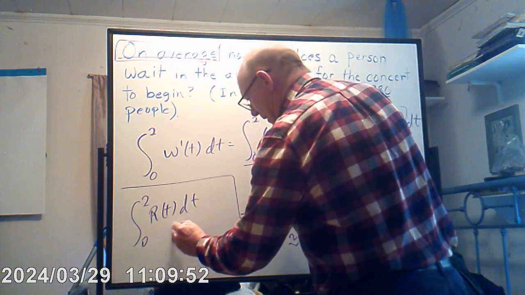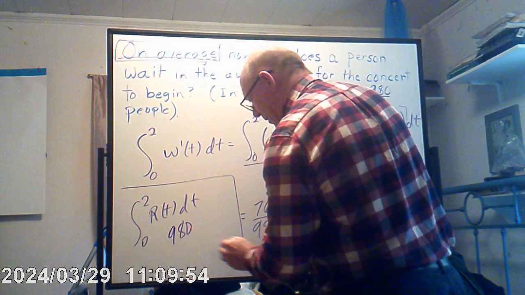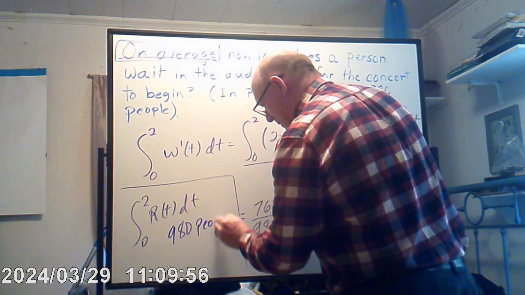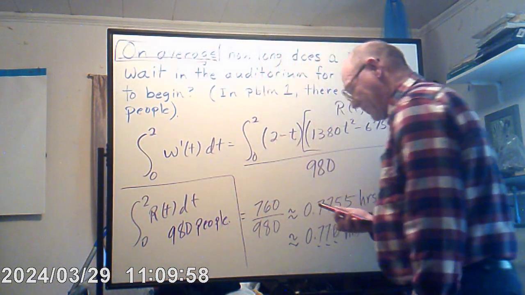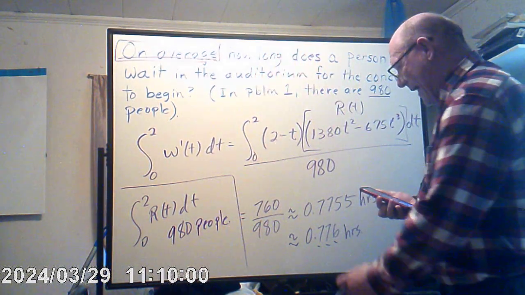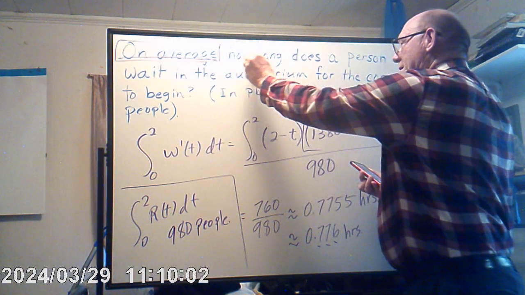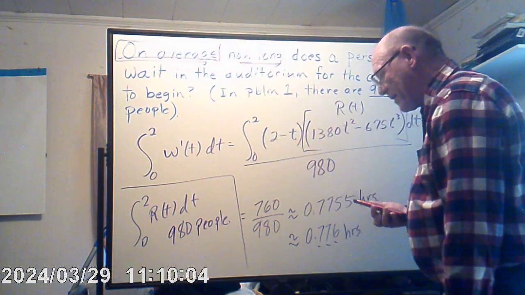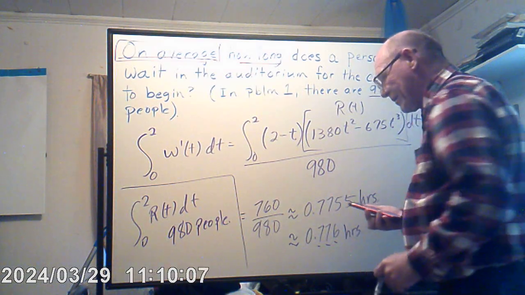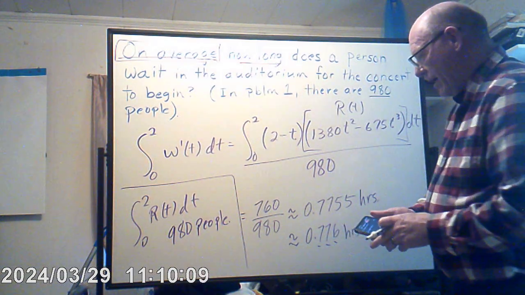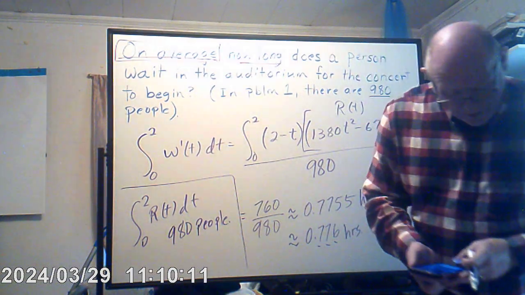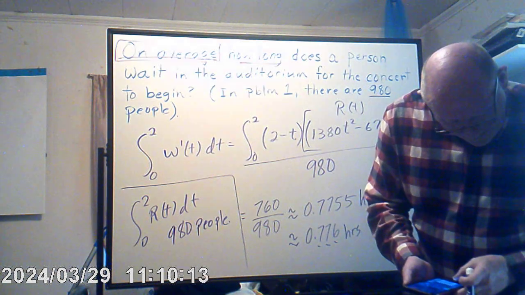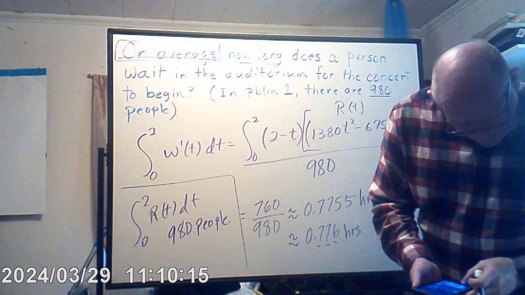And then you would have gotten 980 from the start, people. This is asking how long, so the answer is going to be in hours. That is what you find there.